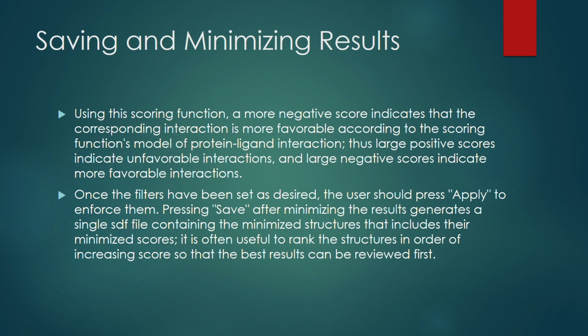Pressing save after minimizing the results generates a single SDF file containing the minimized structures, including their minimized scores. It is often useful to rank the structures in order of increasing score so that the best results can be reviewed first.